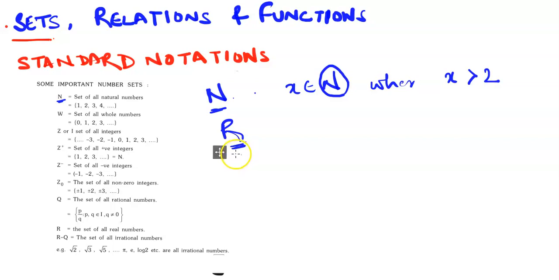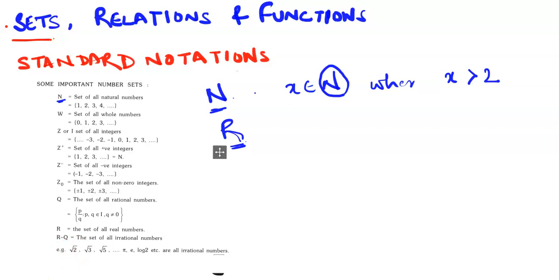So remember, there are certain symbols which are well known in mathematics, and if you see any of your courses representing symbols like these, you should know that they are referring to the standard definition of the sets.